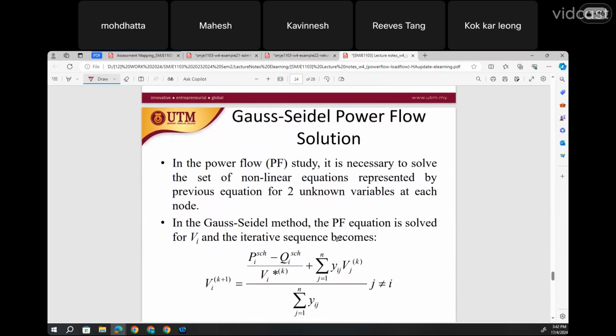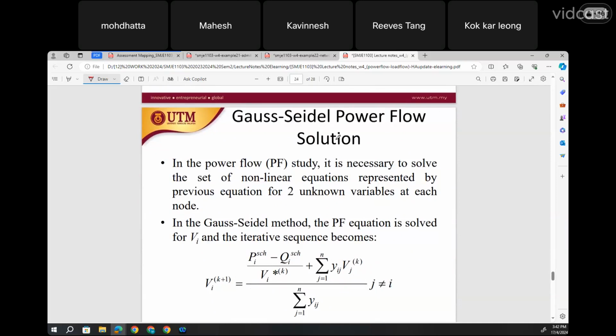For the Gauss-Seidel method, there's a lengthy equation, derivation, and so on. You can refer to it in the reference book by Hadi Saadat. I will share it in e-learning.